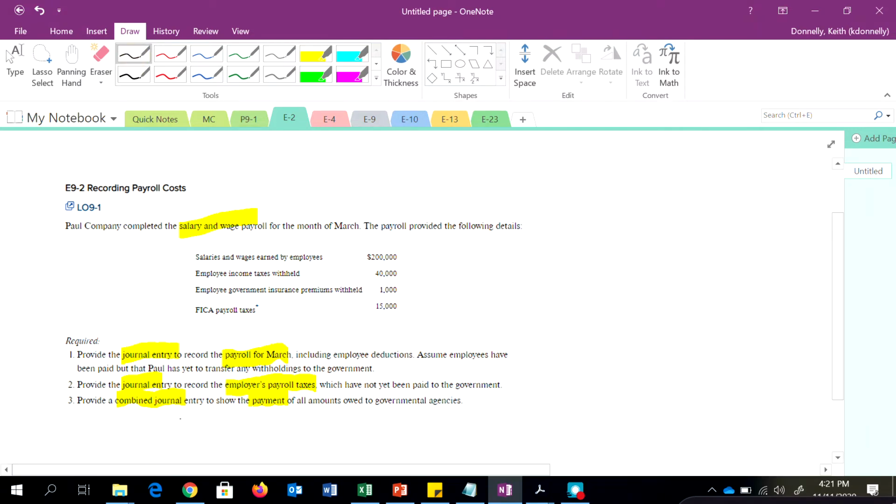So, as just an overview here, right? You have the business, that's who we're doing the financial statements for. They have employees. When the employee makes money, so let's just say $100, they owe income taxes and FICA taxes on this amount.